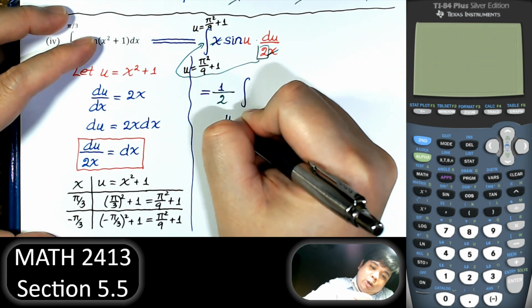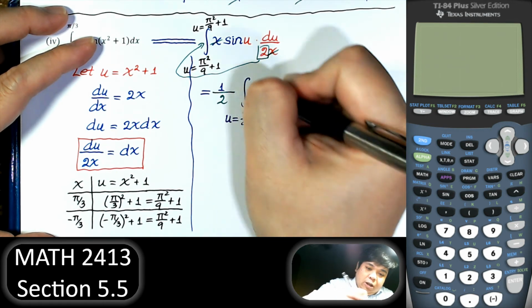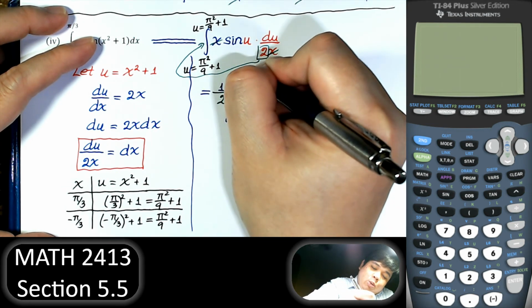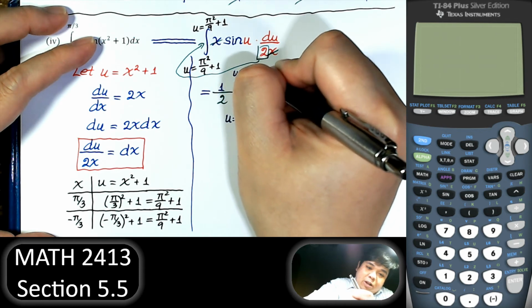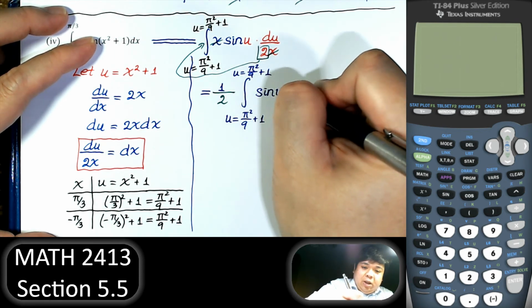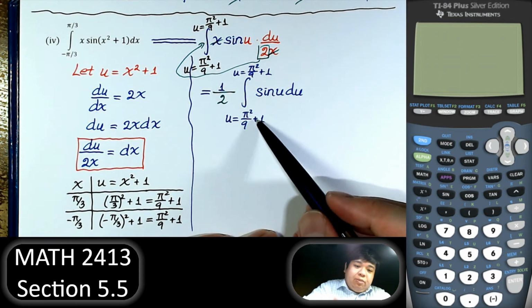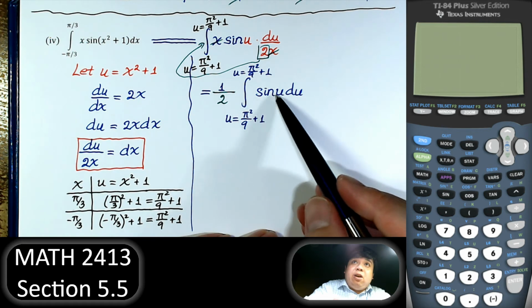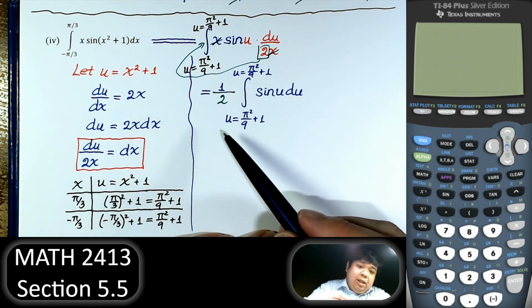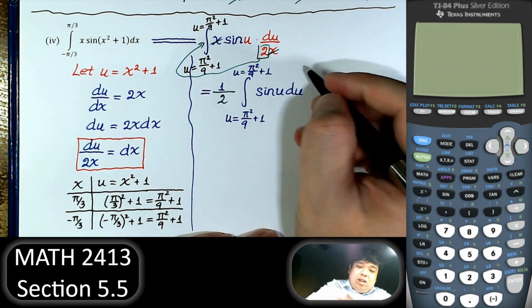The limit goes from u equal to pi squared over 9 plus 1 to u equal to pi squared over 9 plus 1. Here we just have sin u du. What we need to show is that this function is defined. Therefore, with the same limit, this is equal to 0.